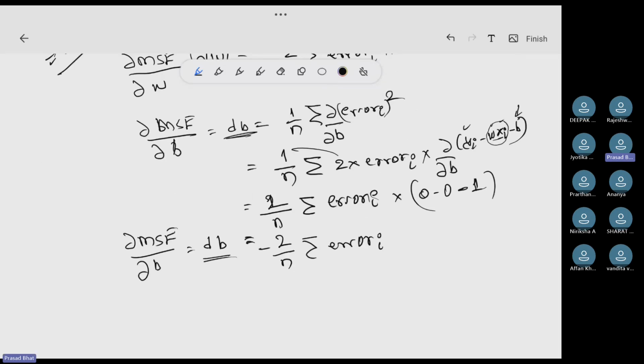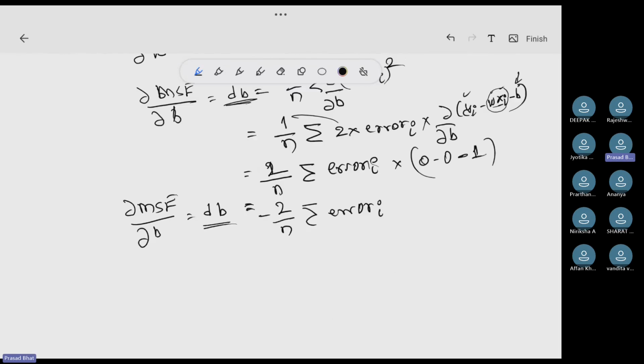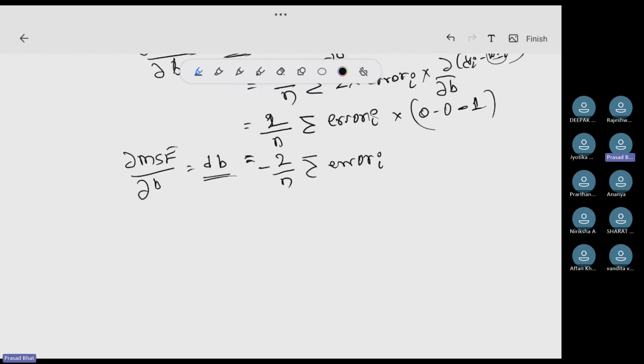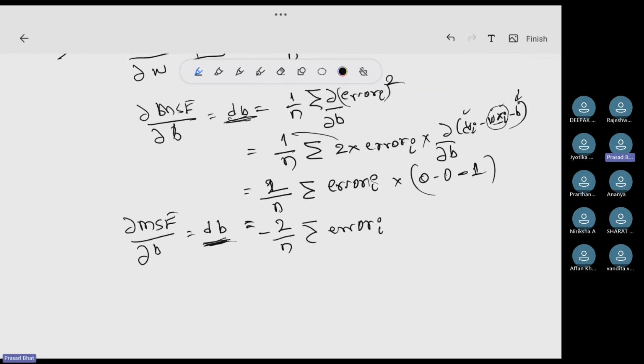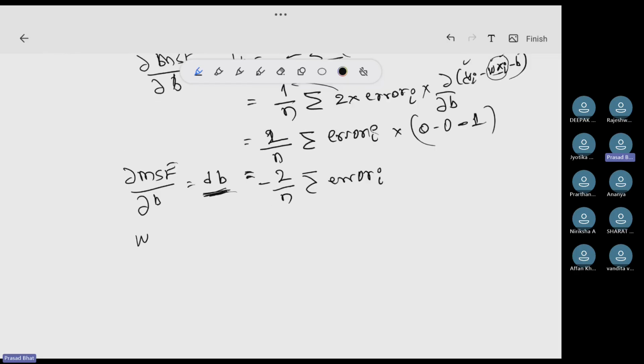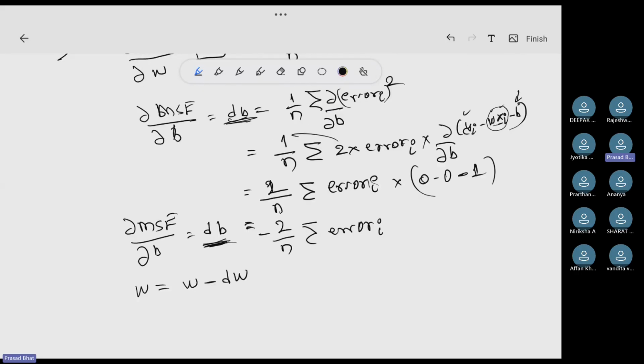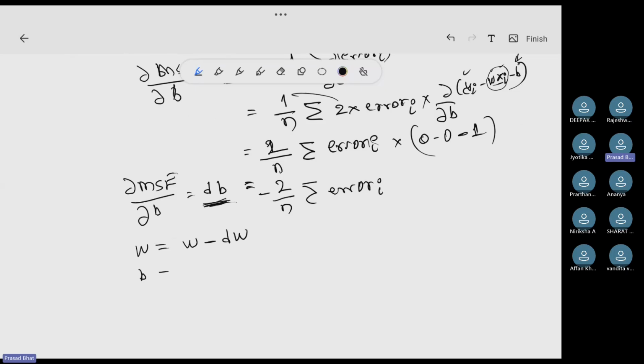Now, in the last class, if you remember, we tried to update our b value and w value in this equation: w is equal to w minus dw, then b is equal to b minus db. Correct? Do you have any doubts now?